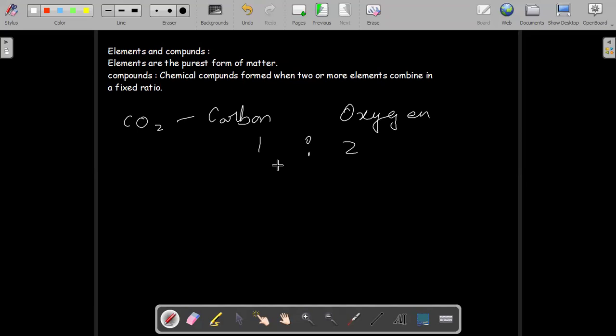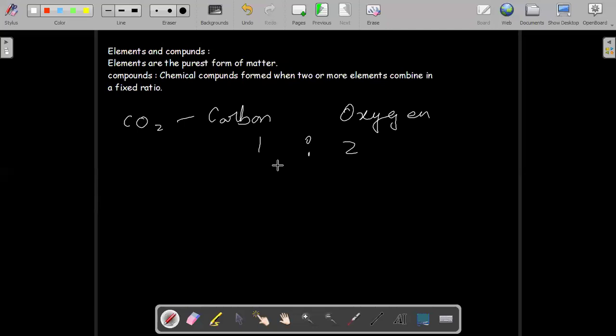Also, the properties of sugar are not changing, and the properties of water are not changing. Since the properties of the combining particles are not changing, and it is possible to separate them by some physical processes, that is why it is a physical change and not a chemical change. Got it?